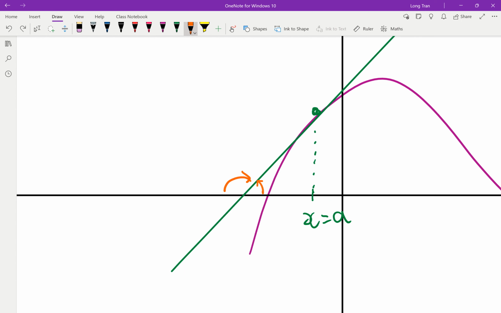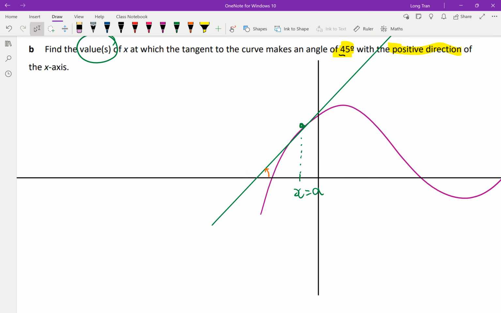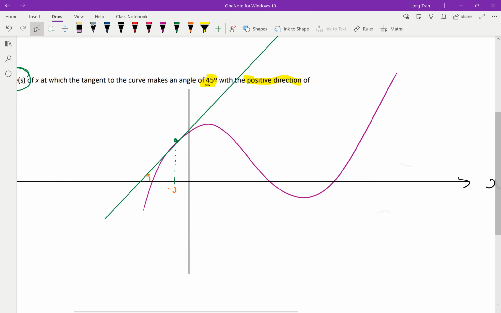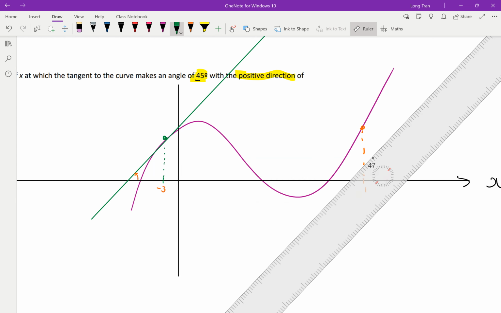So in your scenario, you found that there was -3. So say this was -3, maybe this was at -3, and the other one was at 1. I know it's not to scale, but let's just say 1 was over here. Maybe at 1, you also have a gradient that is parallel.